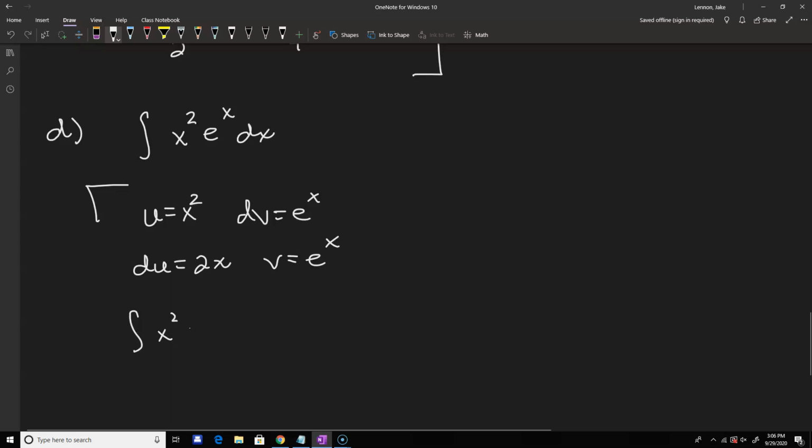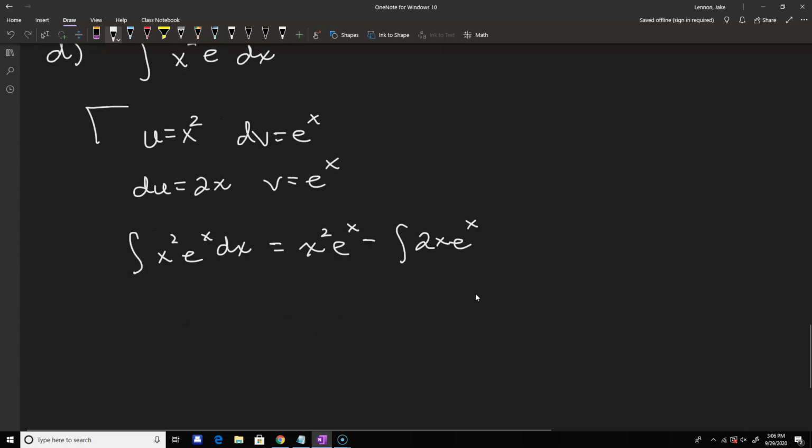This is the thing that we're trying to solve: the integral of x squared times e to the x, and then this will be equal to uv, so that's x squared e to the x minus the integral of v times du, which is 2x e to the x. Well, the interesting thing that's going on here is we can pull that 2 out.